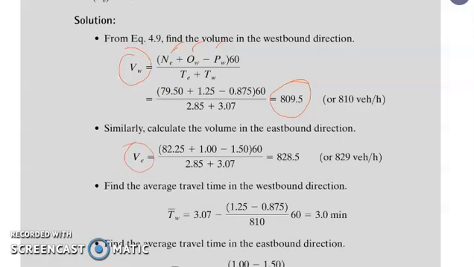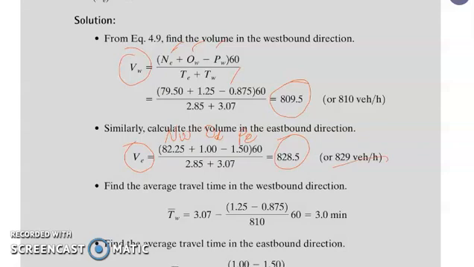This is our N sub W. Then this one is O sub E, so we have the value for O sub E. Then this one, the 1.5, is P sub E. So times 60 all over T sub E plus T sub W. So 2.85 plus 3.05. When simplified, you have 828.5, or simply that is 829 vehicles per hour.